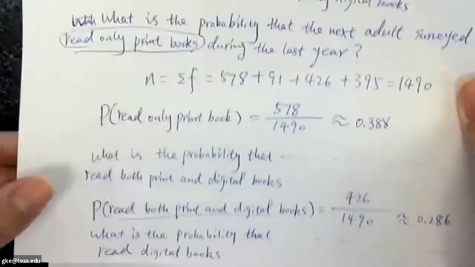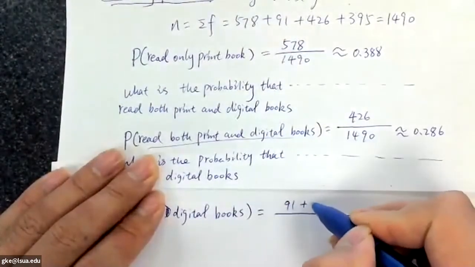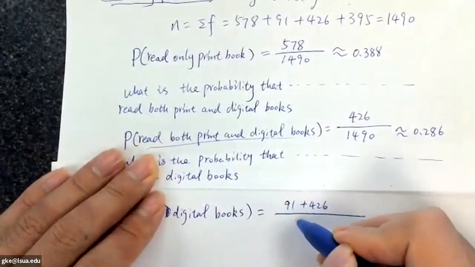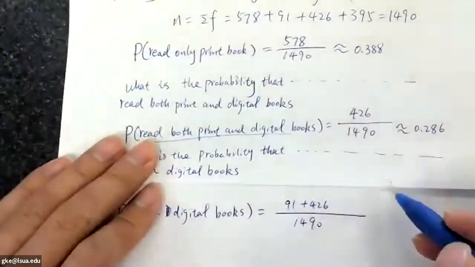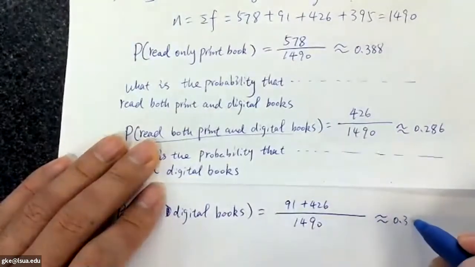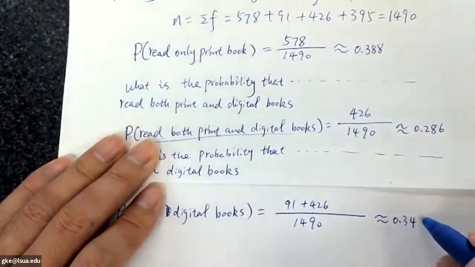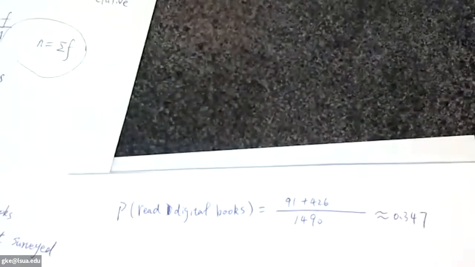Be careful. 426 divided by the total frequency, and this gives you about 0.347. Okay, that's it. Now let's move on. Another example. Let's take a look.